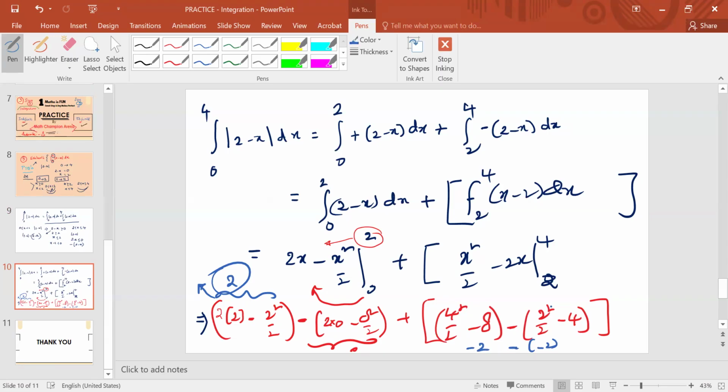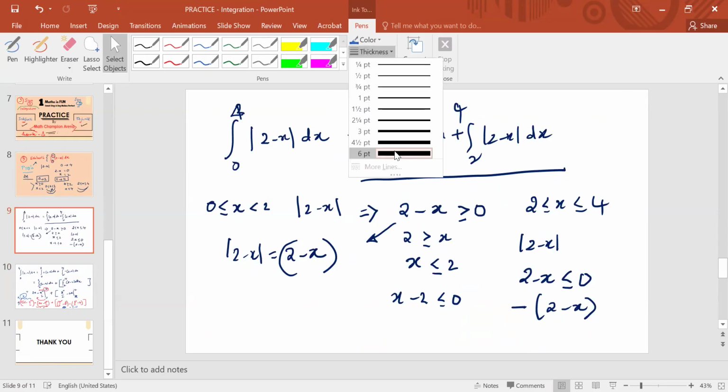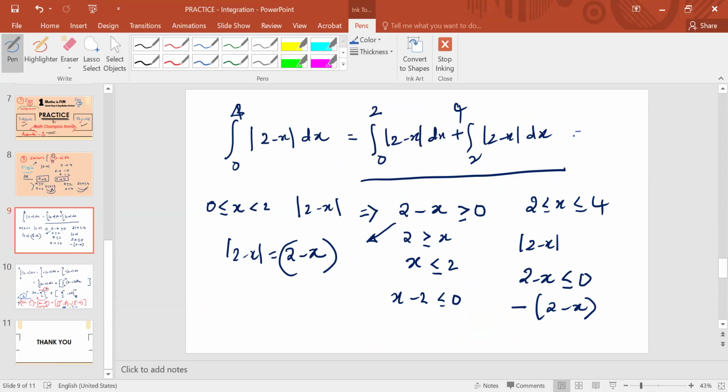Oh sorry, this is 4 square, so 16, 16 by 8, 8 minus 8 is 0. So I am getting plus 2. So 2 plus 2, my resultant answer is 4.